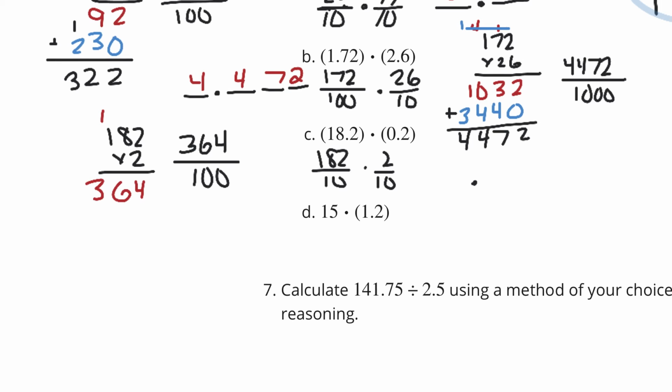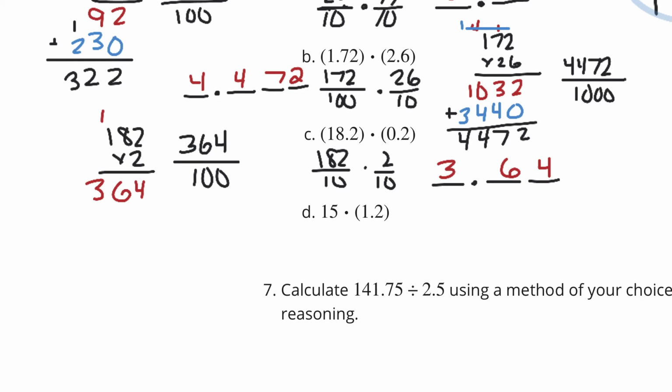And if I look at decimal point, tenths, hundredths, but I have 3 numbers, 4, 6, 3. So 364 hundredths, or 3 and 64 hundredths.